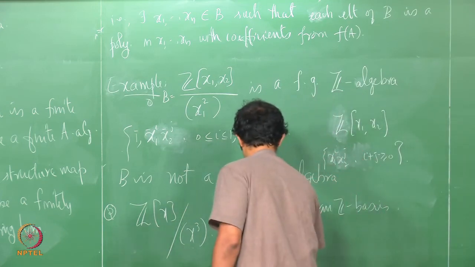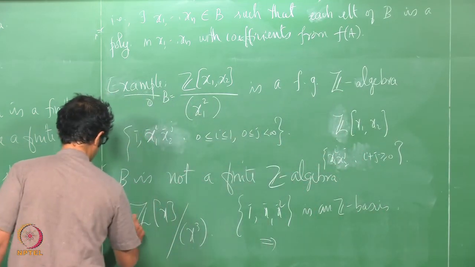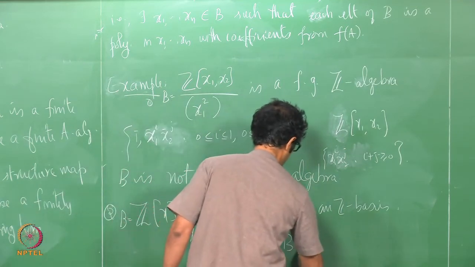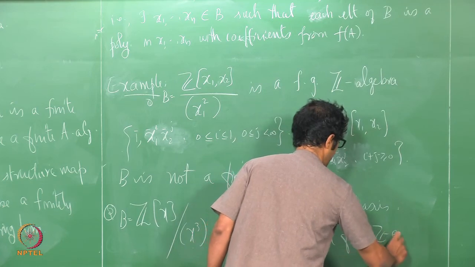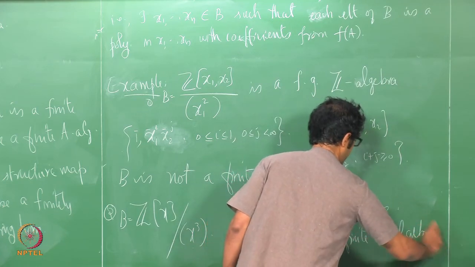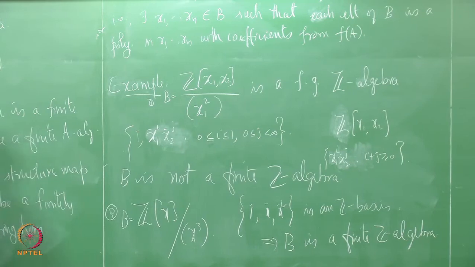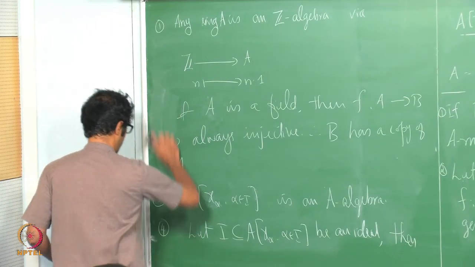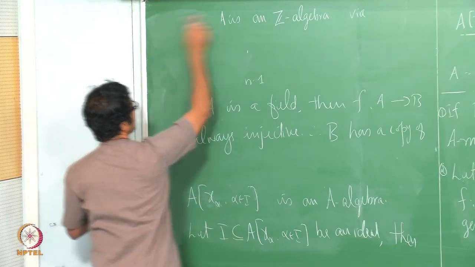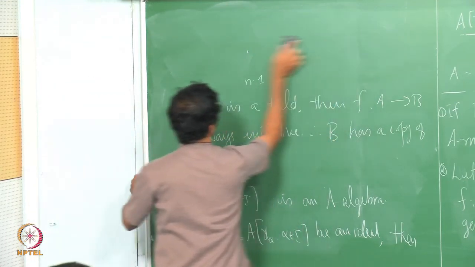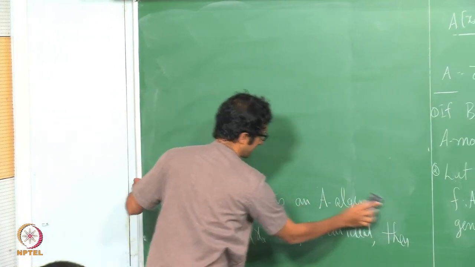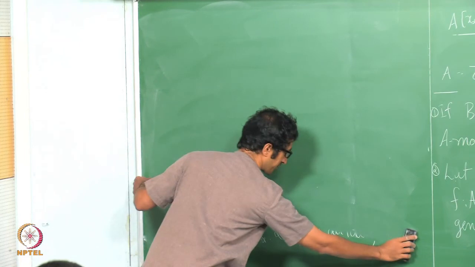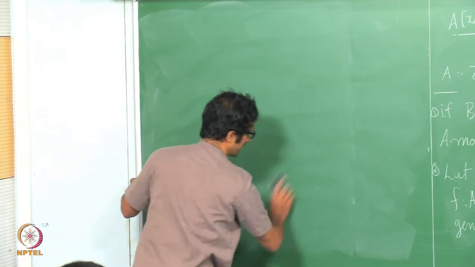So I call this B. B is a finite Z algebra. Just wanted to give an example of a finite Z algebra and a finitely generated Z algebra. The first one is a finitely generated Z algebra which is not a finite algebra. The second one is a finite algebra.